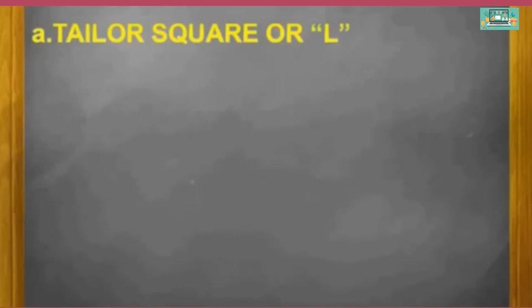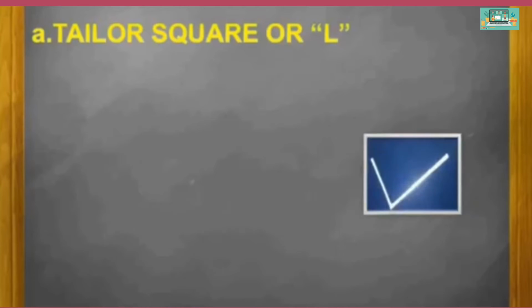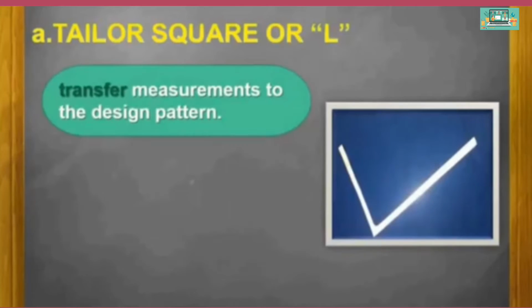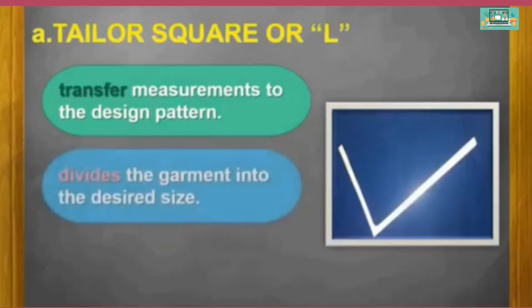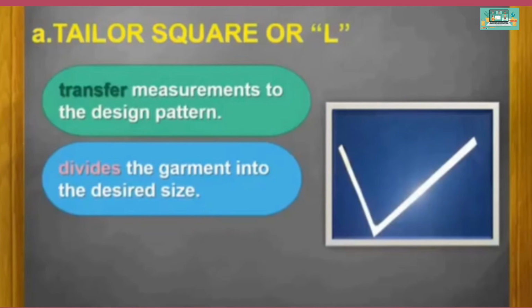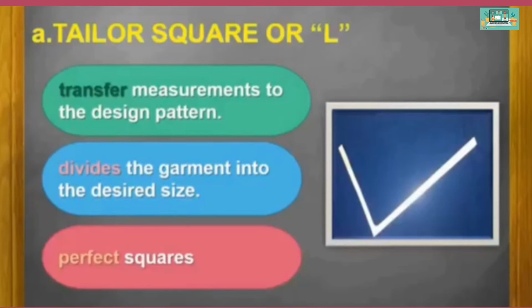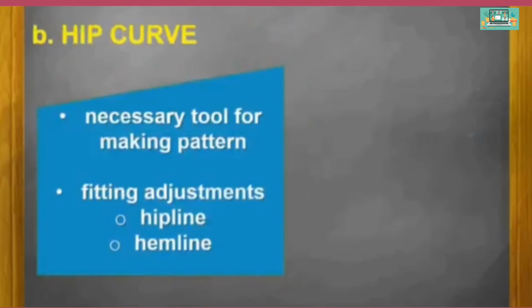Examples: Tailor square or L, used to transfer measurements to the design pattern. It also divides the garment into the desired size. This has perfect squares and is good for straight lines and numbers. This may also serve as a tape measure.